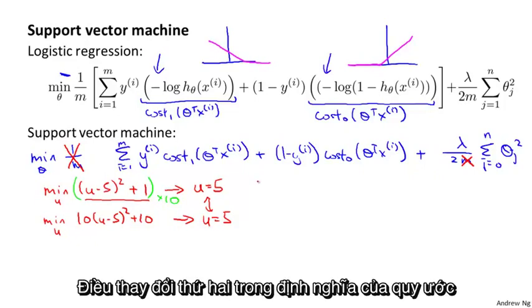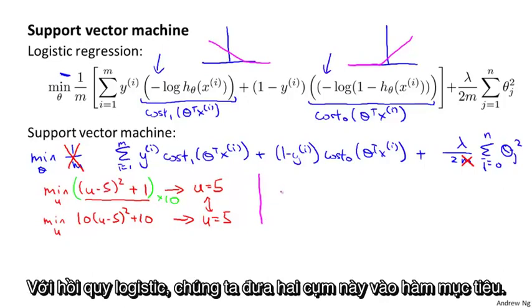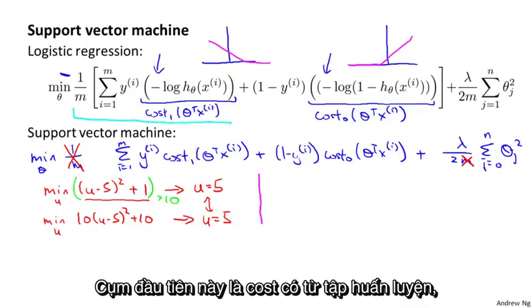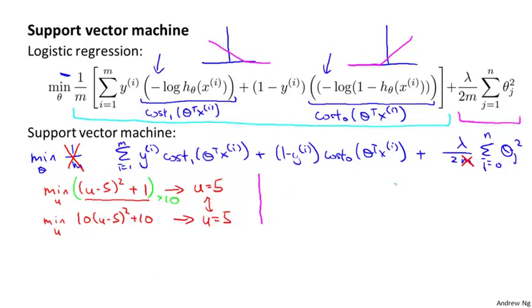The second bit of notational change, which is again the more standard convention when using SVMs instead of logistic regression, is the following. For logistic regression, we had two terms in the objective function. The first is this term, which is the cost that comes from the training set, and the second is this term, which is the regularization term.